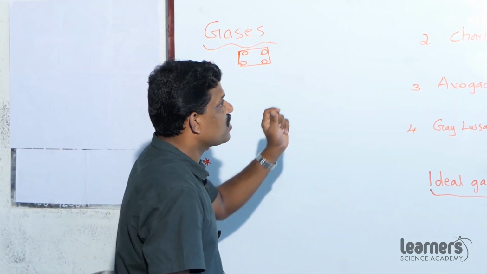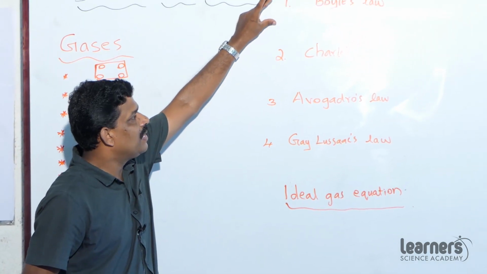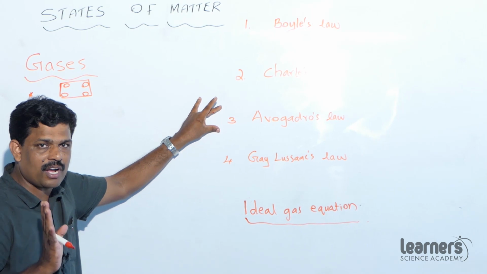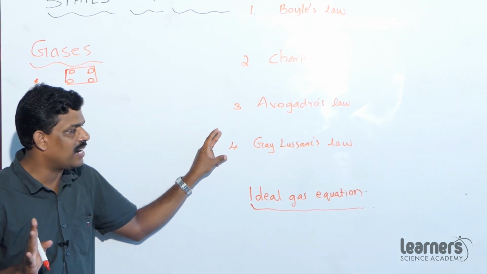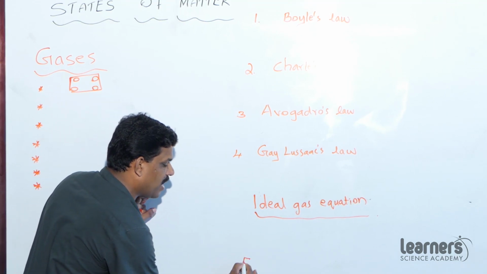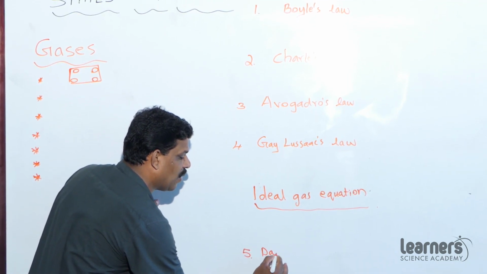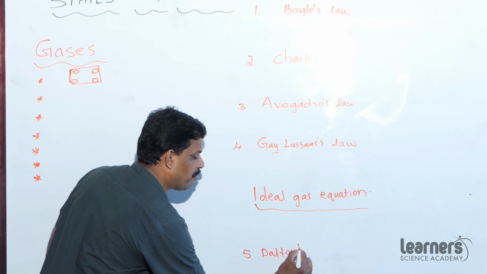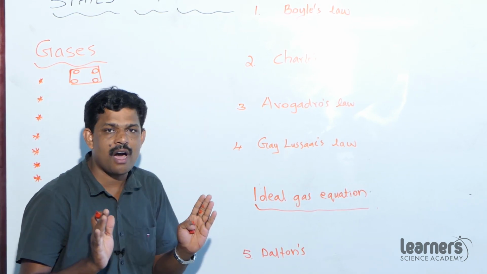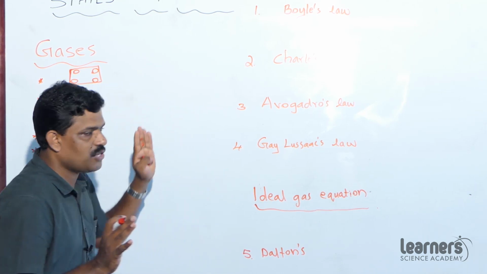They are: first, Boyle's law; second, Charles' law; third, Avogadro's law; fourth, Gay-Lussac's law; and fifth, Dalton's law of partial pressure. These are the 5 laws we have to study in this topic.